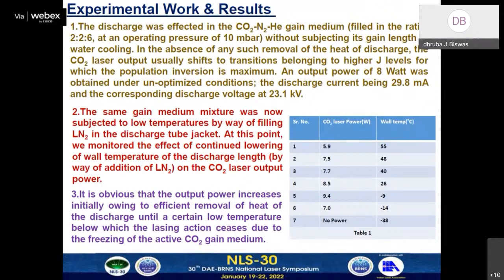At this point, we monitored the effect of continued lowering of wall temperature of the discharge length on the CO2 output power, as you can see in the table. It is obvious that the output power increases initially owing to the efficient removal of heat in the discharge, until a certain low temperature below which the lasing action ceases due to the freezing of the active CO2 gain medium. So next slide, please.